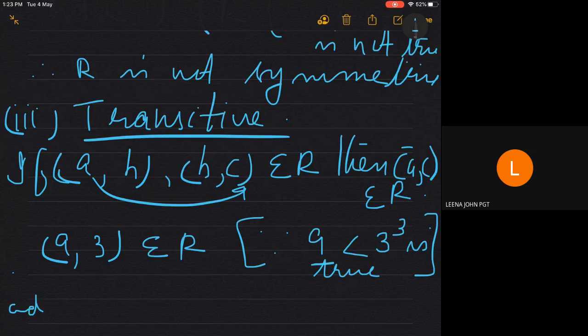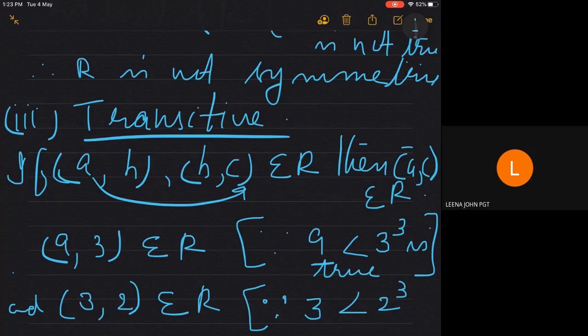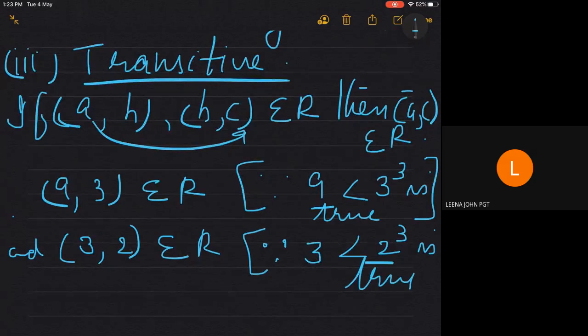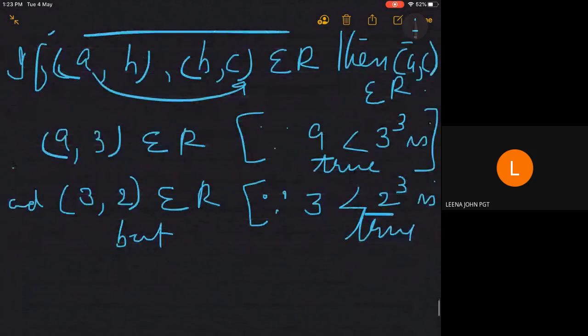And you have to consider another ordered pair starting with 3: (3, 2). Is (3, 2) present in R? Yes, that is also present because 3 less than 2 cube is true. But what about (9, 2)?